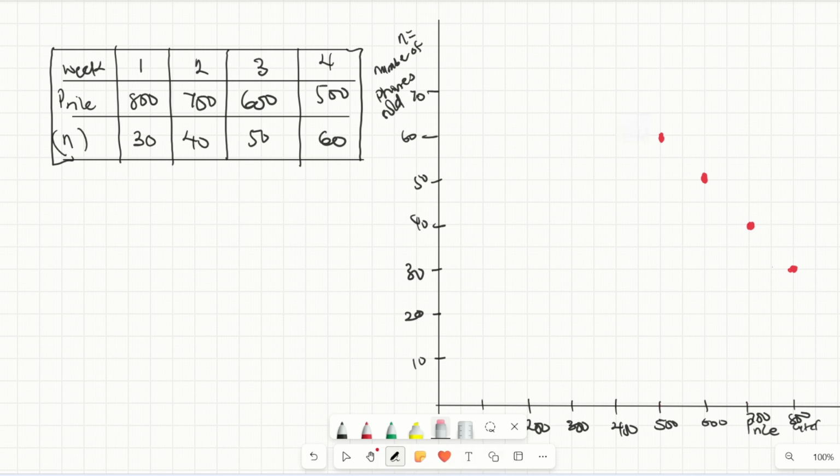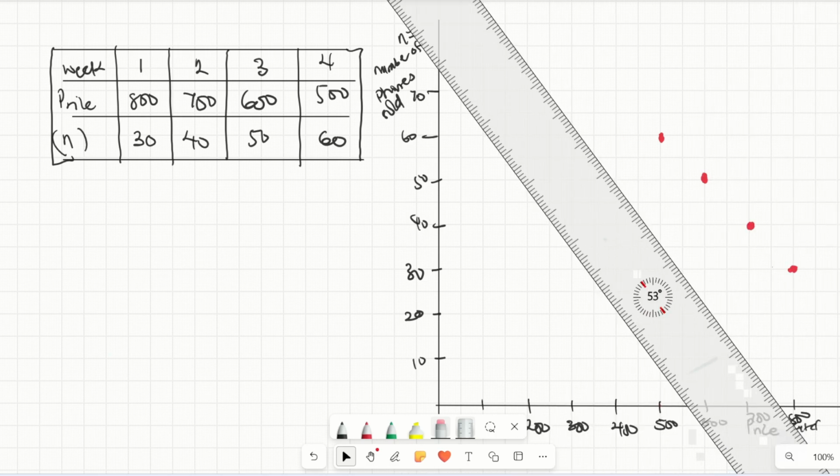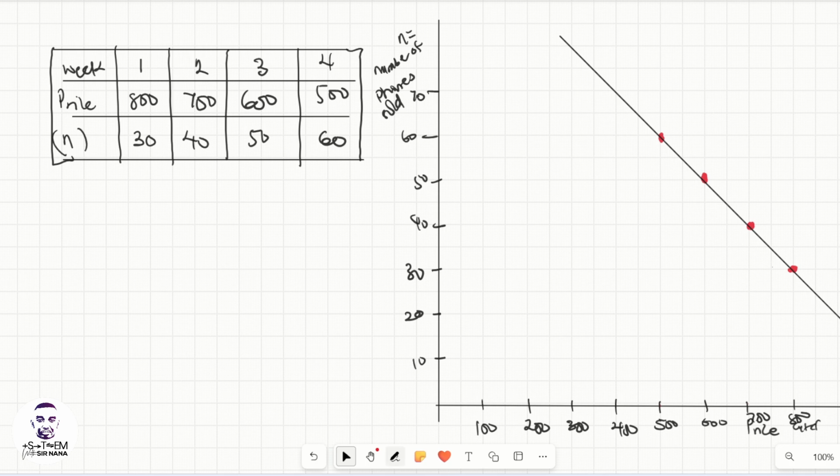So we'll use a line to draw through the points so that we have a straight line through it. In this case, we have represented the linear function, let's say n of p.